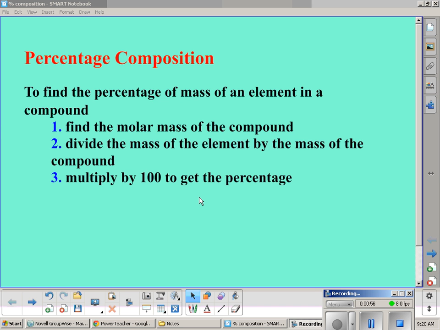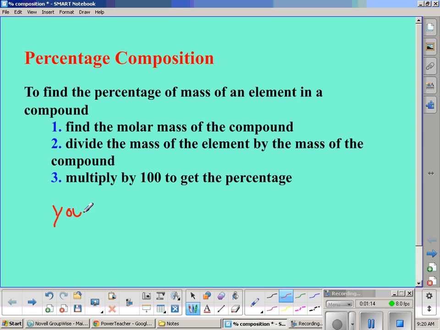This is really very similar to what you've probably been doing for years. You get a test back and you want to know, well, what percentage did I get on the test? So you take your score, and you divide that by the maximum, what you could have gotten, the possible score, which would be 100% if you scored everything perfectly.